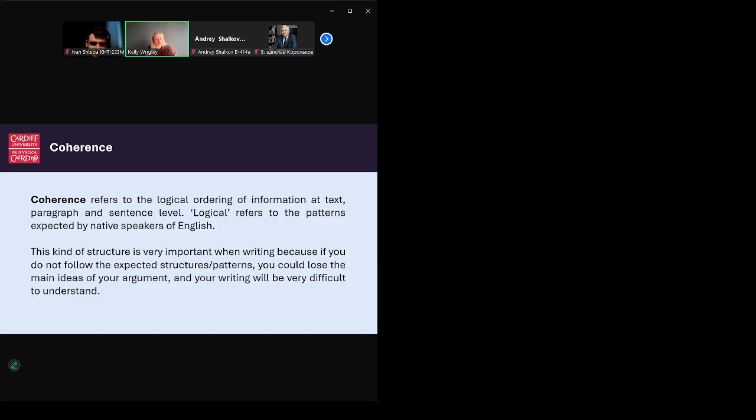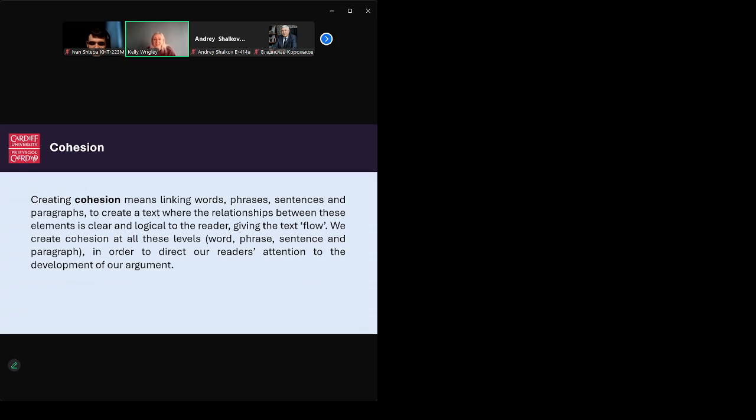In English, we expect the writer to make it very easy for their reader, so that each sentence follows the one before. I don't want to say logical again, but you want it to be easy to understand. And that's coherence. And then cohesion is sort of within the whole text, the whole paragraph.